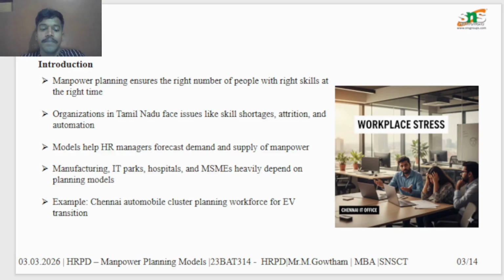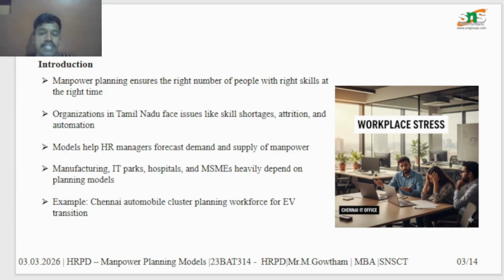Next, the meaning of manpower planning. Let's begin with the empathize and define stages of design thinking. Imagine a company that's struggling with too many employees in one department and a shortage in another. That's where manpower planning comes in.